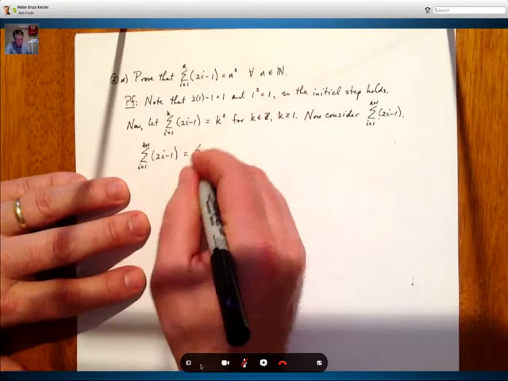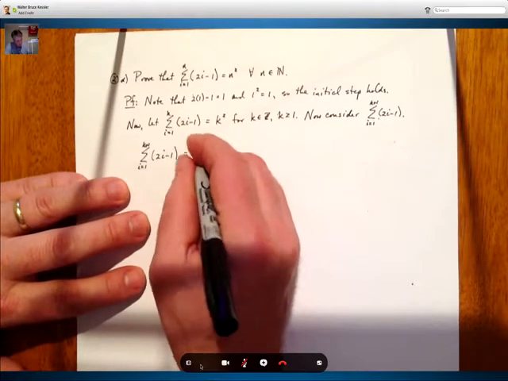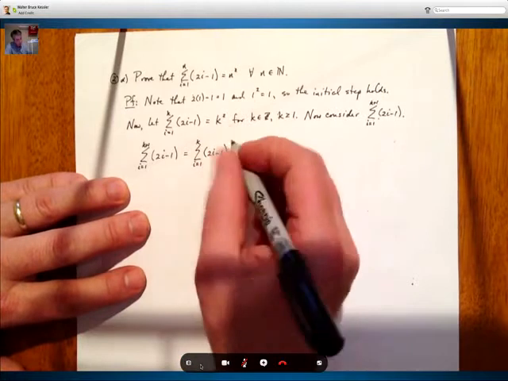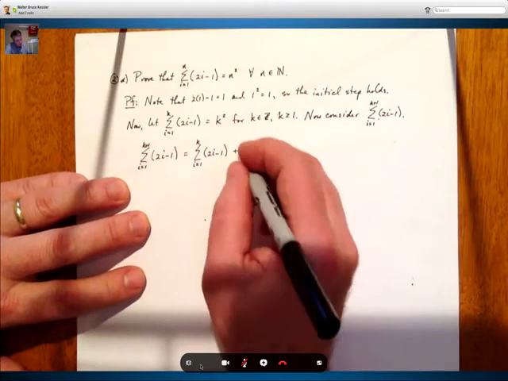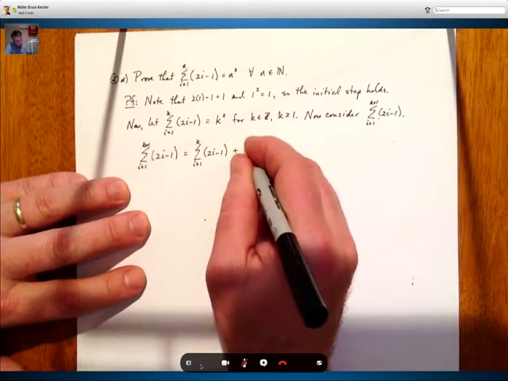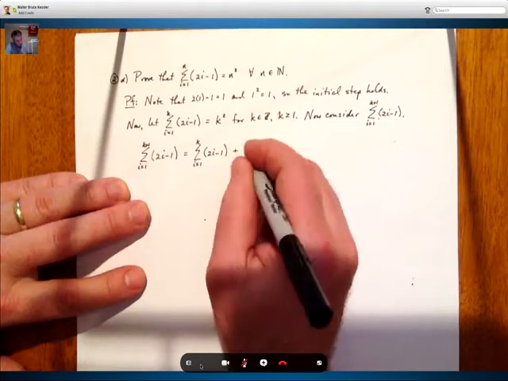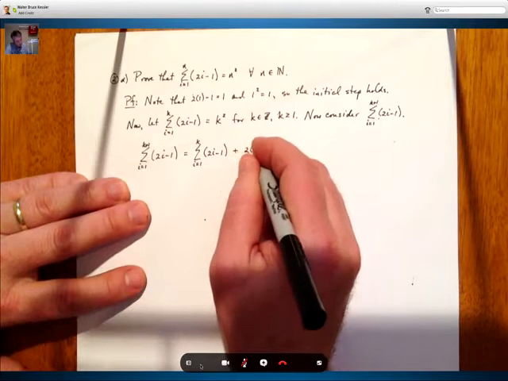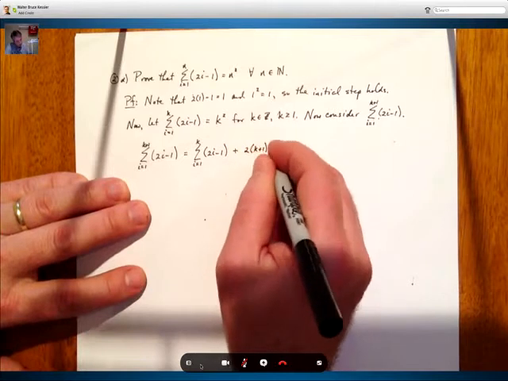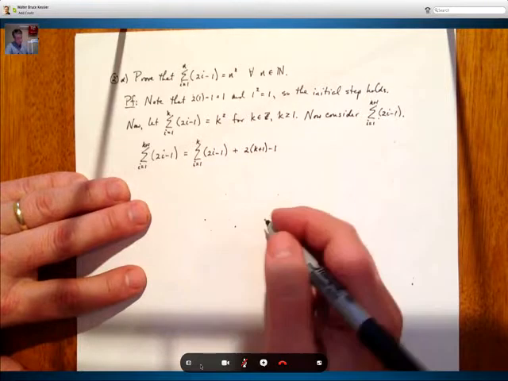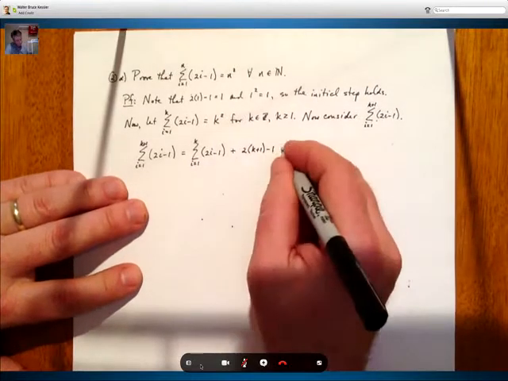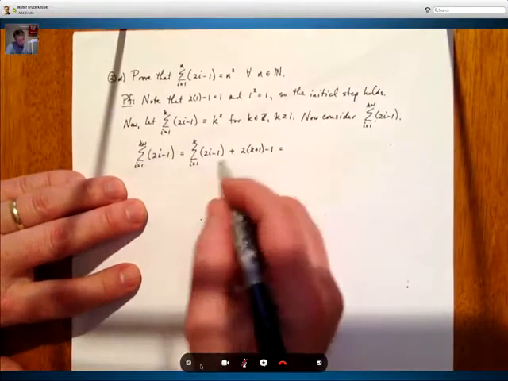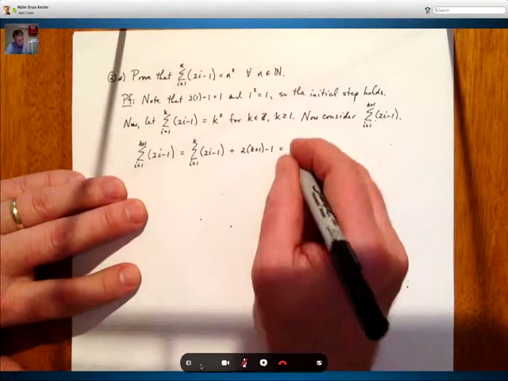But what I would do is I would take the first k odd numbers, which we have an assumption on, and then add in the k plus 1 odd number, which would be 2 times k plus 1 minus 1. Okay? Now it's pretty obvious what we want this to look like, k plus 1 quantity squared.